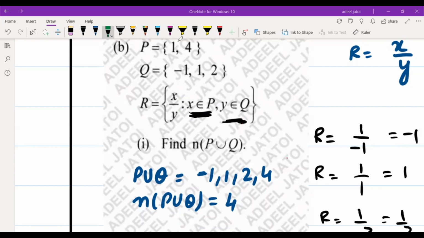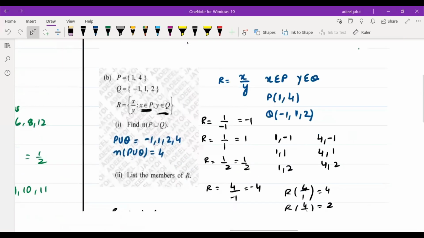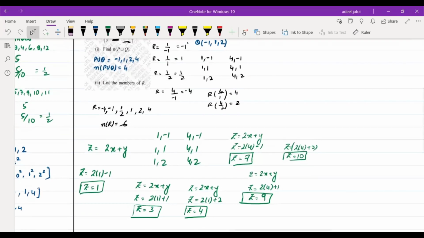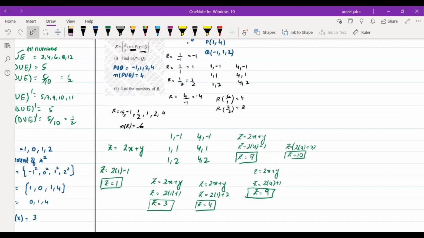So you will be taking down all the values: (1, -1), (1, 1), (1, 2), then (4, -1), then (4, 1), then (4, 2). Then all these elements will be taken into consideration. Such questions are tested in your past papers. So this is very important. So that's about it. Thank you very much.